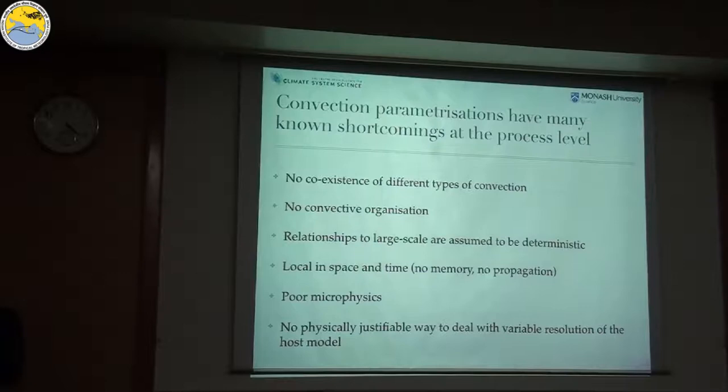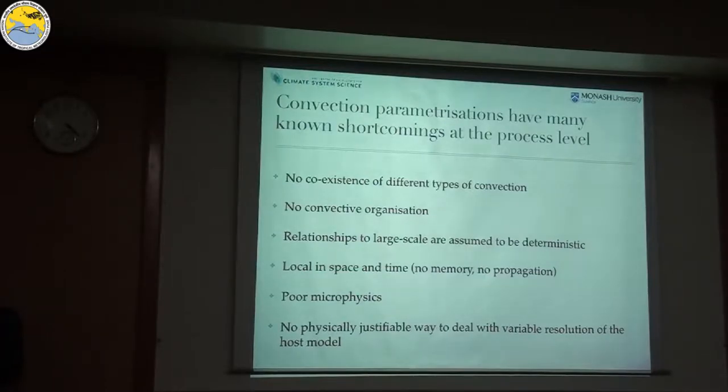Most of them have none. One or two have some sort of half-baked things that they try and call organization, but no GCM can really represent this. And yet we saw half the rainfall in the tropics comes from organized convection. We saw that this morning, right? So half the rainfall comes from this, and yet we don't represent it in our models. That should worry us, I think.